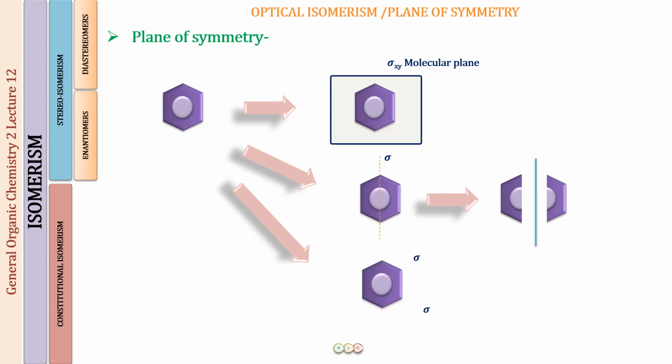And we can make many other planes of symmetry like this. In fact, this molecule can have 6 planes of symmetry. I'm not discussing everything over here, but if you find even one of the planes, that is going to be sufficient. So benzene is also going to be optically inactive.